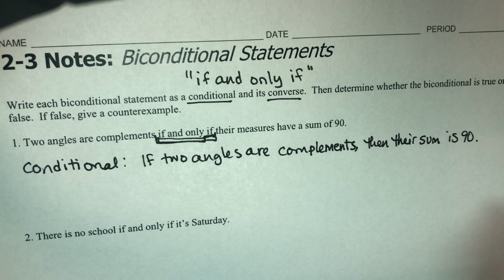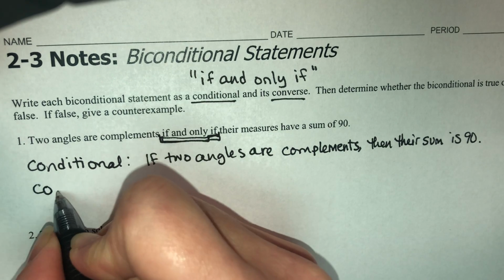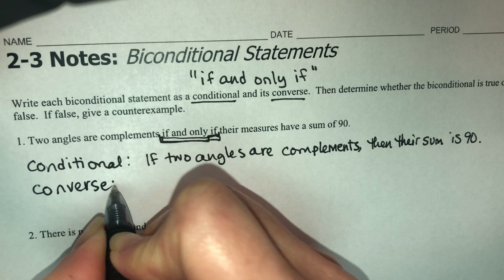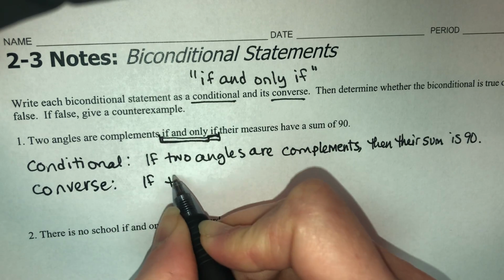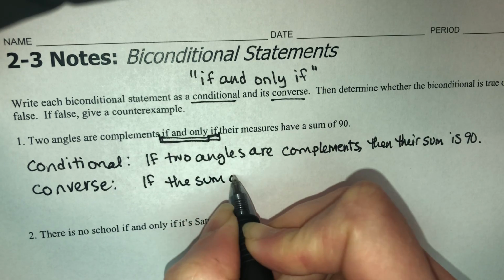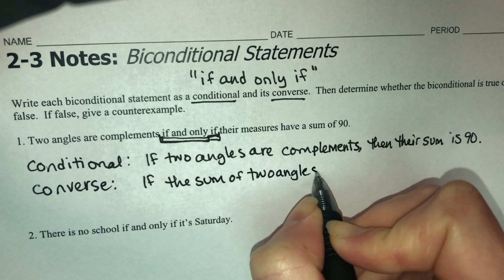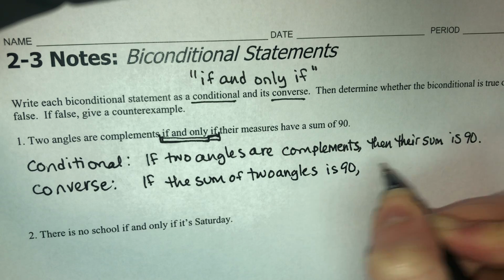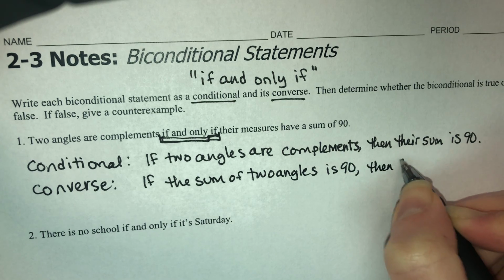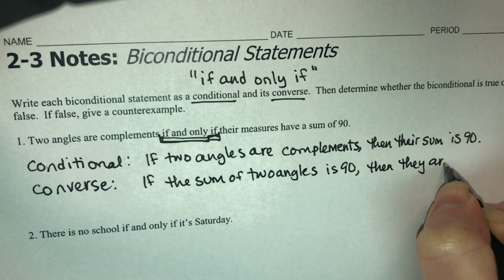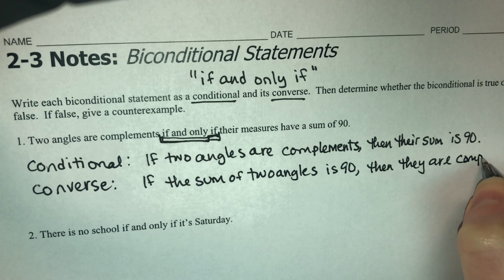Okay, so if two angles are complements, then their sum is 90. That is a true statement. Now we're going to write the converse. If the sum of two angles is 90, then they are complements.